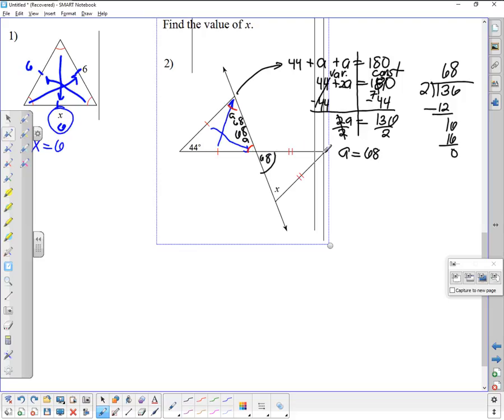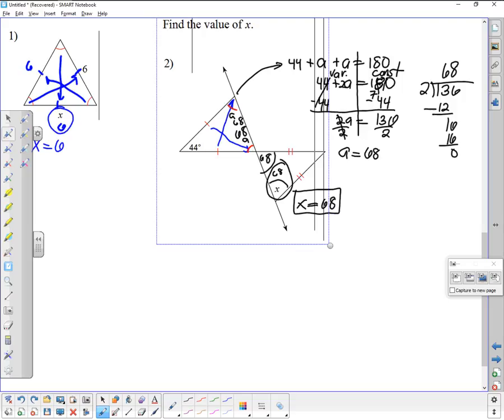Now, what angle is opposite, further away from this one? These will be congruent, so this is 68. So there's my answer: X is equal to 68. That was the question, what is the value of X? I found it. That's my work.